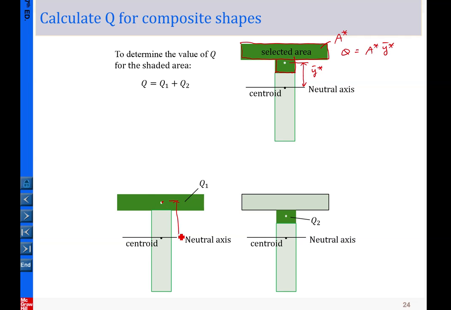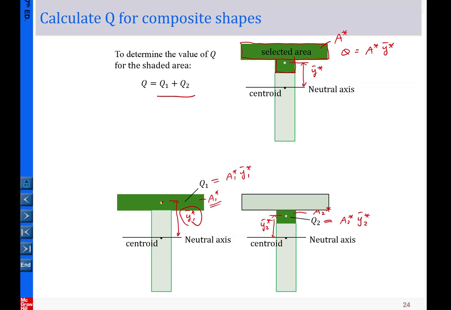For example here, let me call this Y1 star bar, and this one is A1 star. So Q1 equals A1 star times Y1 star bar. In a similar fashion, this one let me call A2 star, and this one is Y2 star bar. So Q2 equals A2 star times Y2 star bar. Under this kind of decomposition into simple shapes, you can easily determine the location of the centroid and easily calculate the area, and then you simply add the two together. So this is a tip you can carry on.